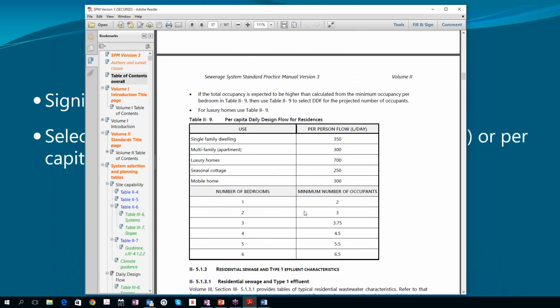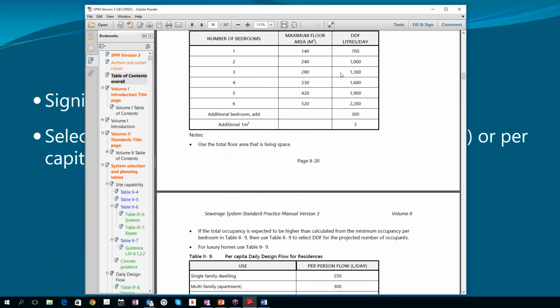So we have to determine it by referencing both of those tables and then choosing the greater of the two. So if we had a 3-bedroom house, the previous table says DDF is 1300 as long as the floor area is less than 280 meters squared, and it probably is because that's a pretty big house. So 1300 is the first answer.